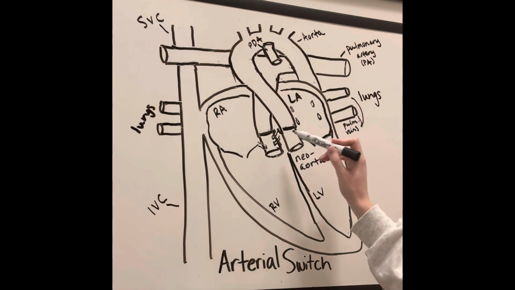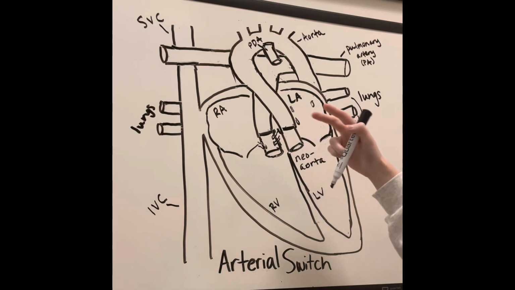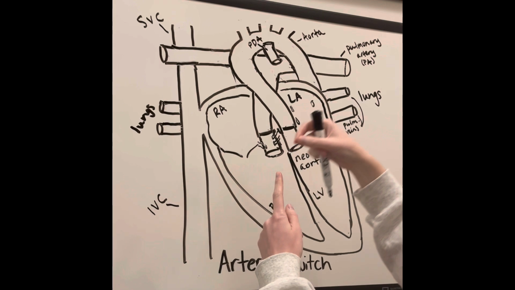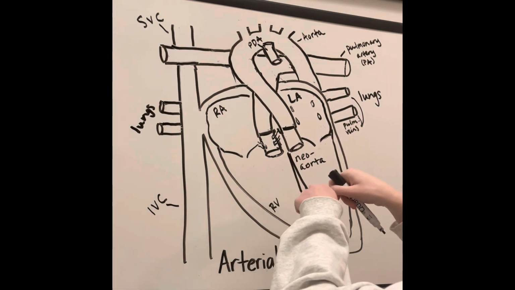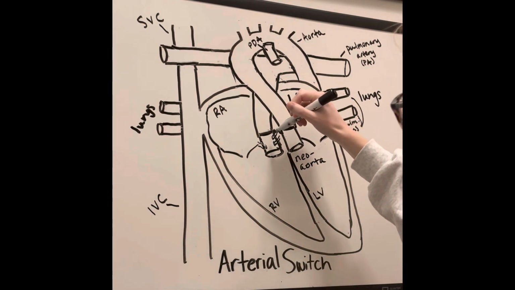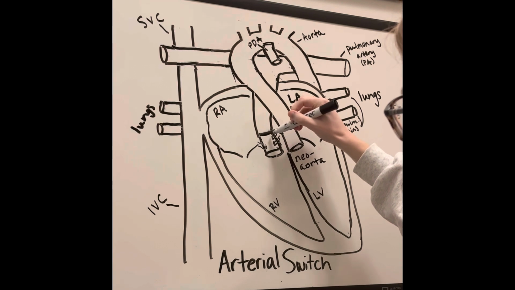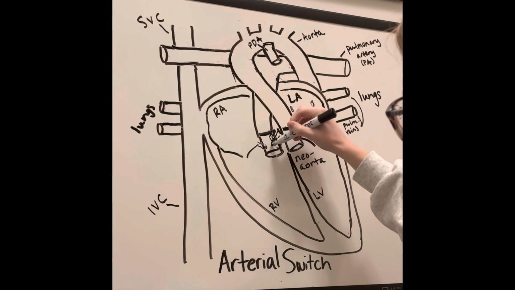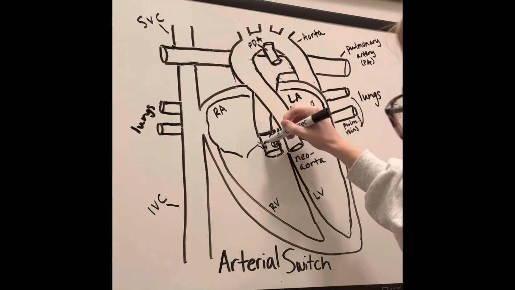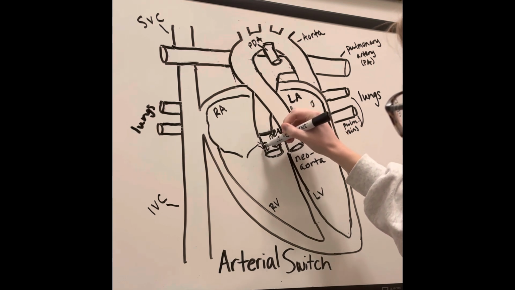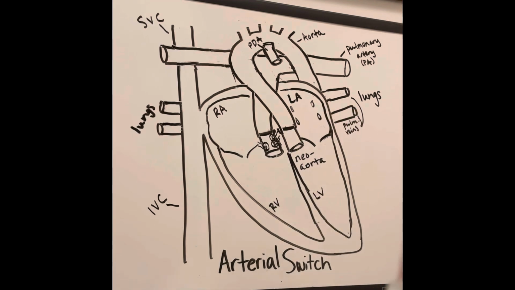So you can only imagine how tiny these are. They can't just cut them straight and re-sew them in from the base. They have to take a portion of the vessel around the arteries like a button. So they cut a circle around the coronaries.